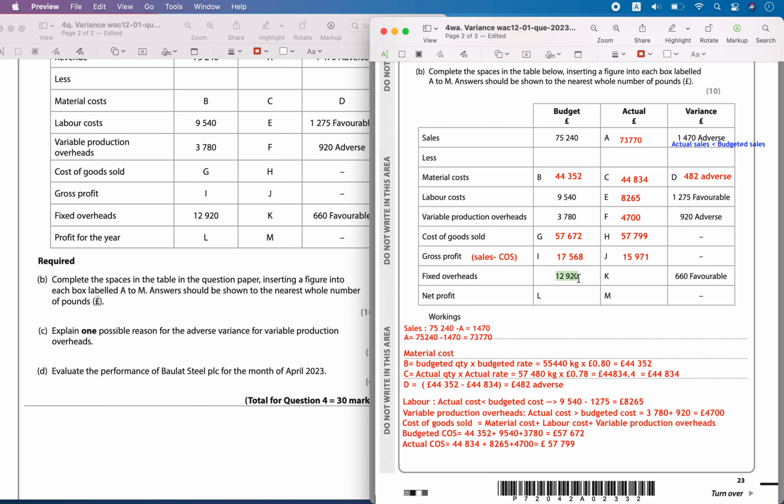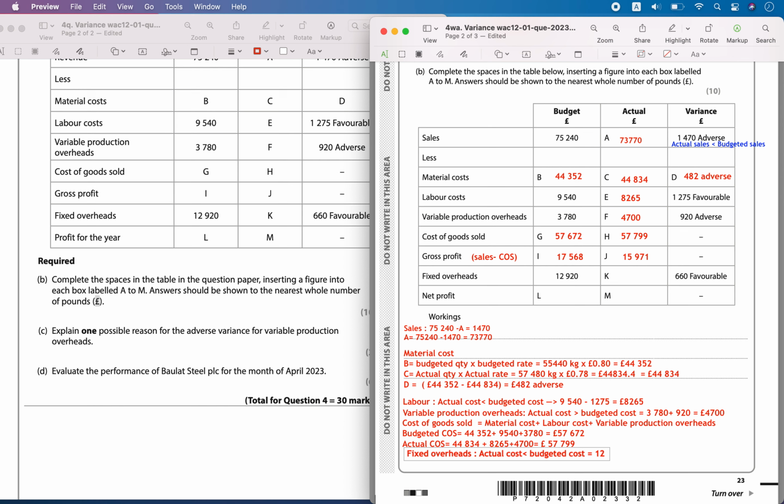Then fixed overhead cost. The fixed overhead cost was 12,920, and we don't know the actual cost. The actual cost must have got reduced, so it has become favorable. So for the fixed overheads, it has become favorable, which means my actual cost has become less than my budgeted cost.